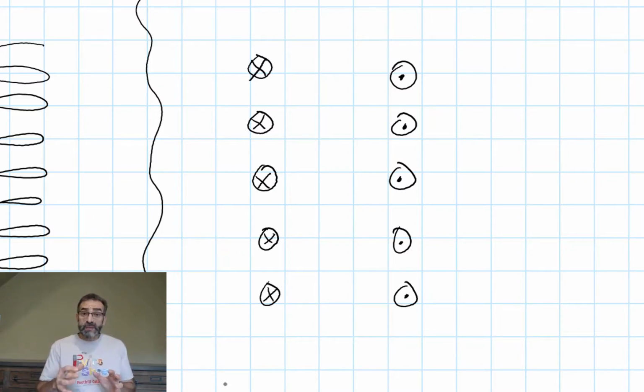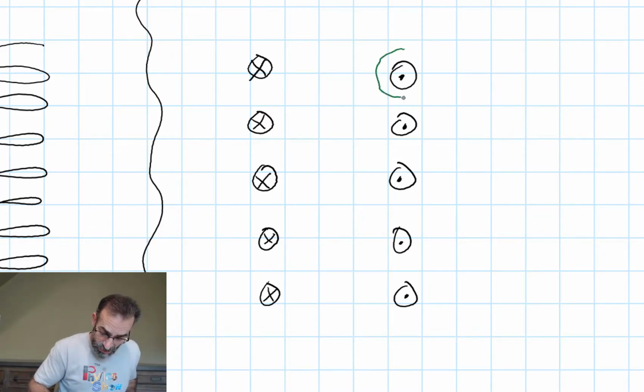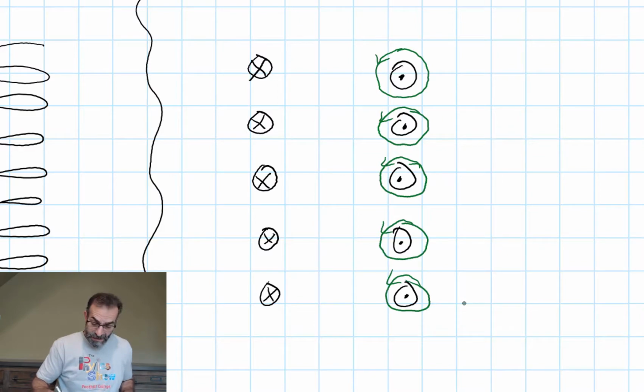And each one of these wires has magnetic field lines circling it. So I could draw magnetic field lines that go around this wire and this wire, and similarly on this side.